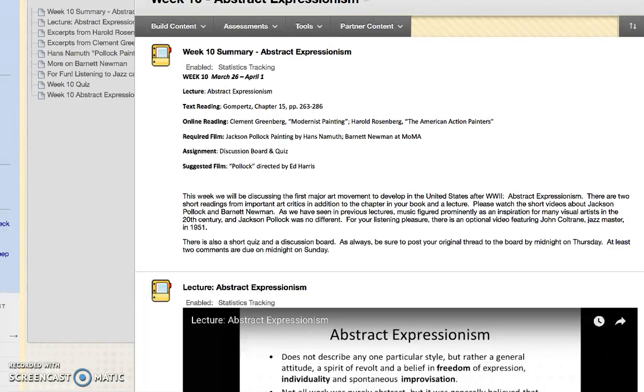There's also a short video of Jackson Pollock painting by Hans Namuth. It's a really famous short clip of Jackson Pollock's process. Now, a lot of people look at Pollock and they say, well, couldn't anyone do that? All it is is splashing paint around. But I do want you to think very seriously that this work is probably more complex than meets the eye.